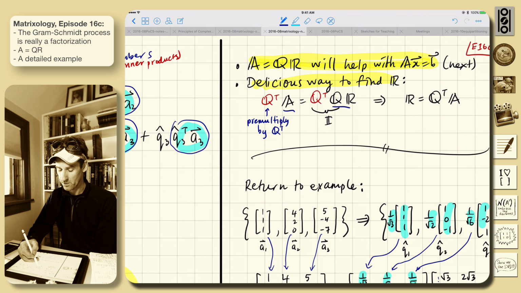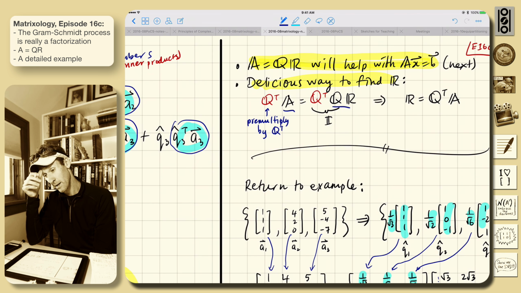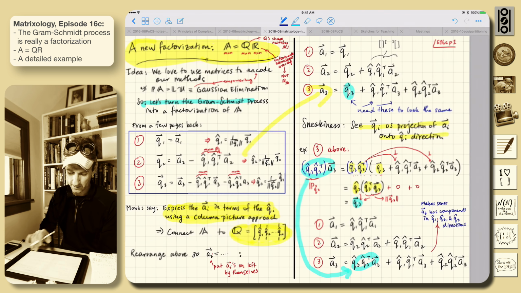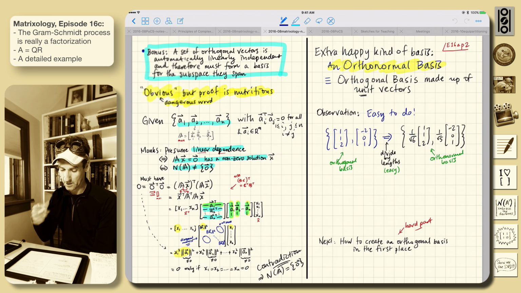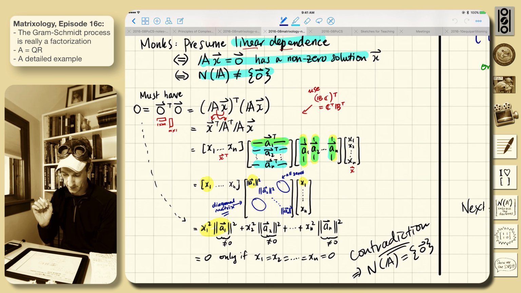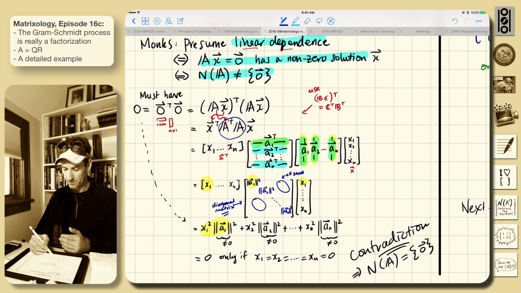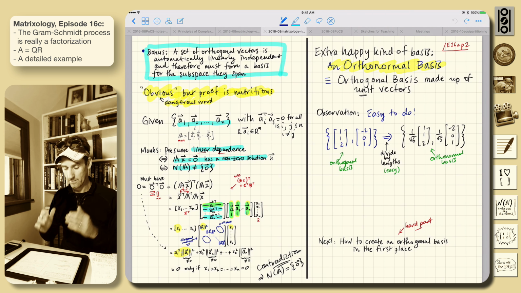And Q transpose Q. So it's the same as the proof we had back here for why a set of orthogonal vectors is linearly independent. There's this structure in here, this A transpose A, we get out something that is diagonal.